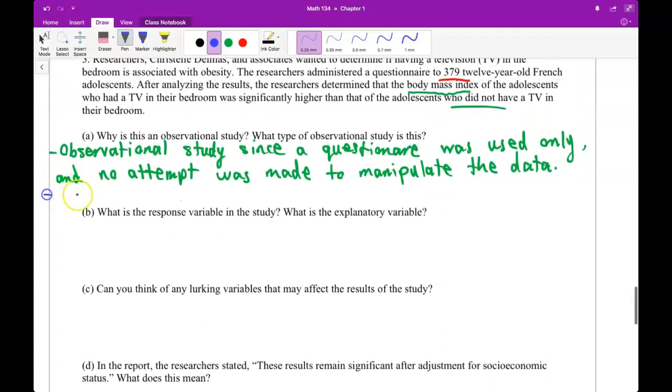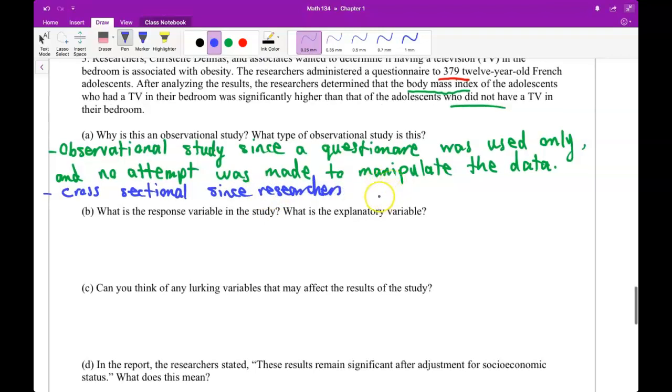Writing that here: cross-sectional, since they observed a single point in time.